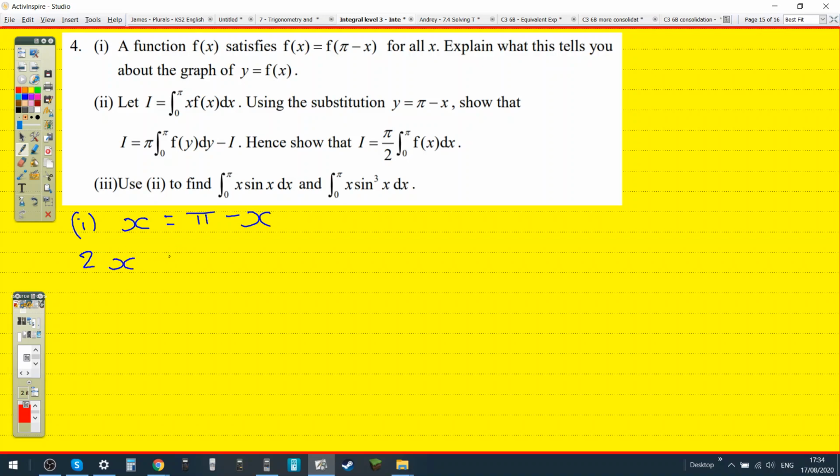If you bring the x's to one side, 2x, yeah, x is equal to pi over 2. And so it's a straight line. I think not necessarily. I think that's the line of symmetry. That's the mirror line.